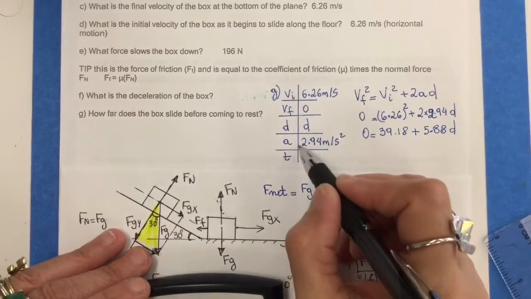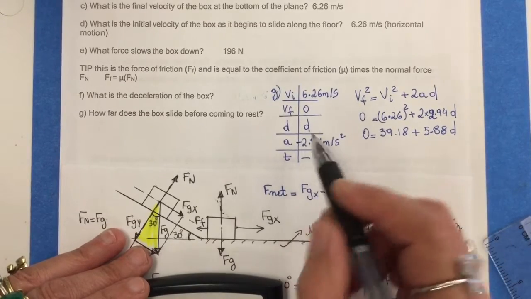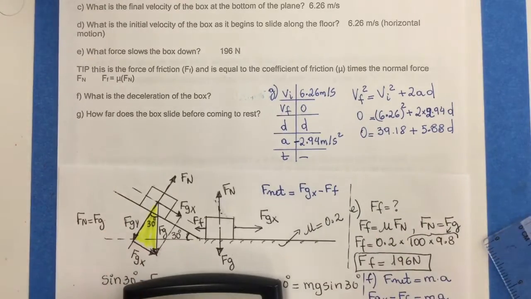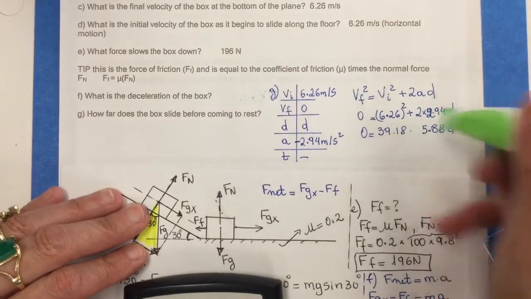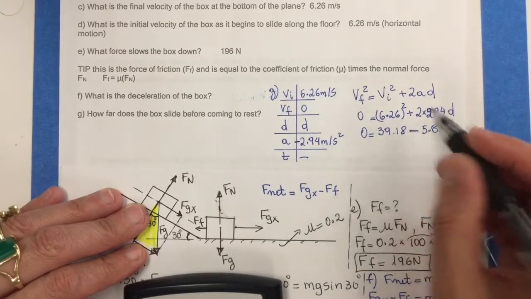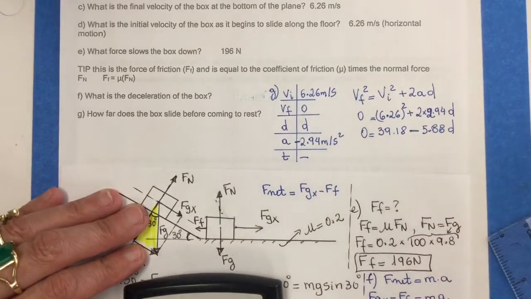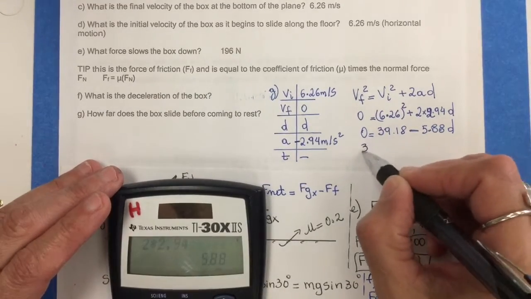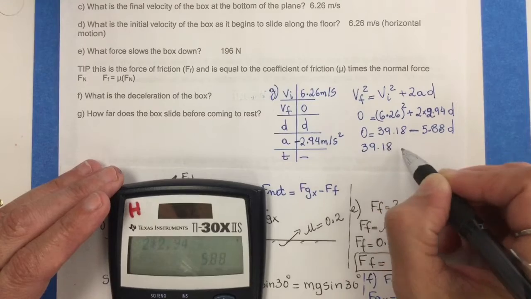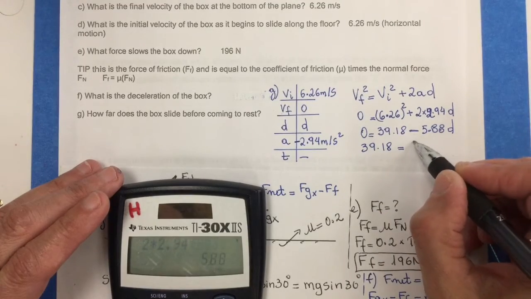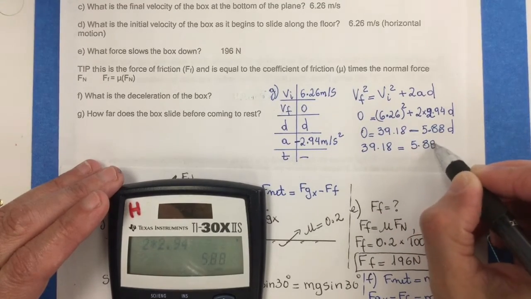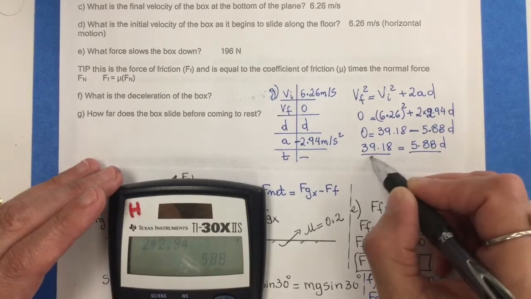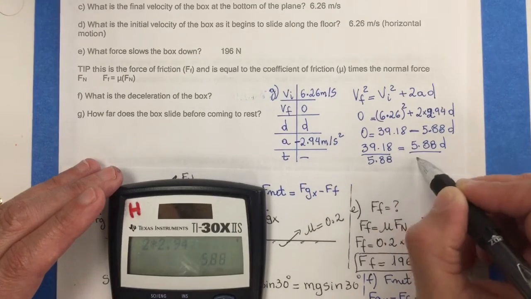Now notice this is a deceleration, so we are going to make this negative. We change our plus sign to negative acceleration. So now we have 39.18 is equal to 5.88 d. Divide both sides by 5.88.